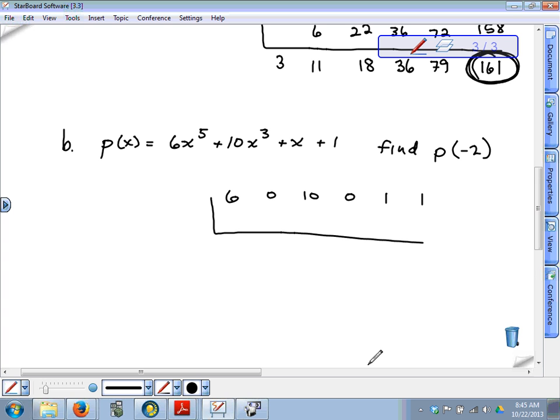Did you notice there were 2 missing terms? So you had to have 2 placeholders in there. And we're synthetically dividing by negative 2. We do not change the sign when we're doing the remainder theorem. So drop down 6.